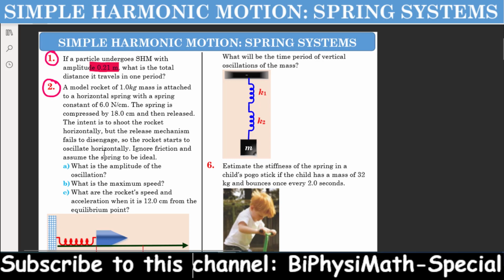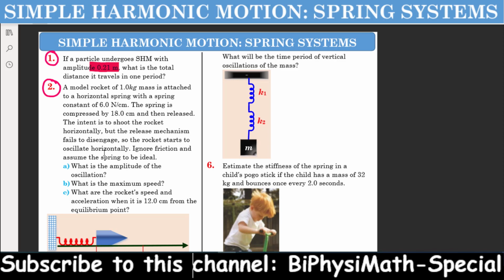A model rocket of 1 kilogram mass is attached to a horizontal spring with a spring constant of 6.0 Newton per centimeter. The spring is compressed by 18.0 centimeter and then released.